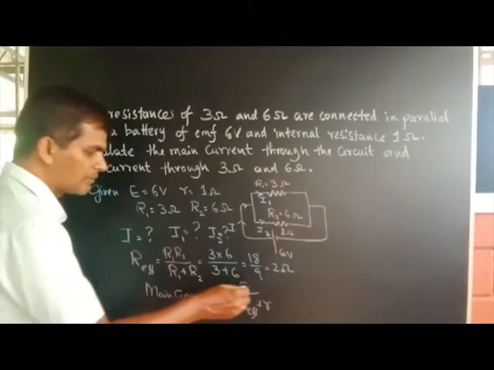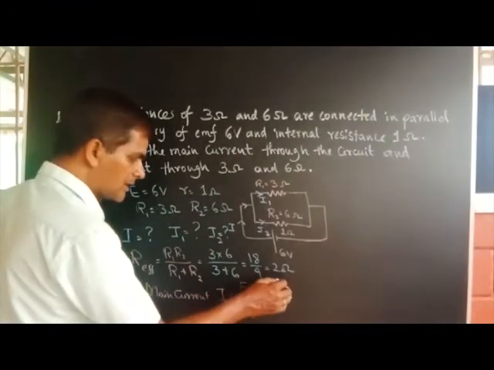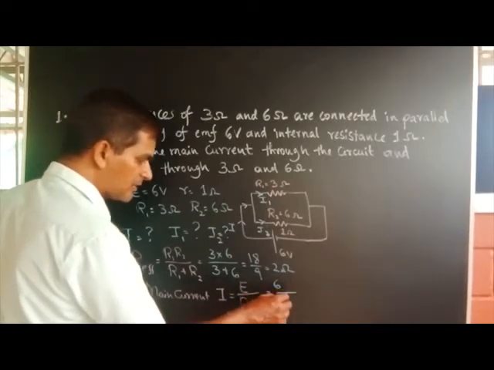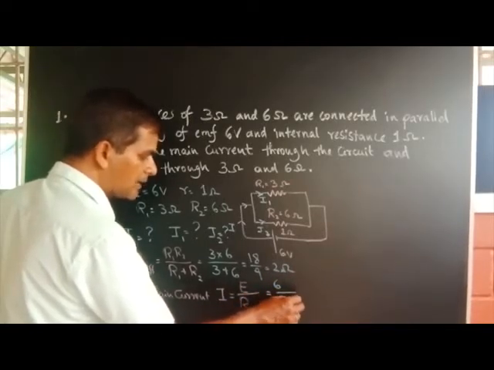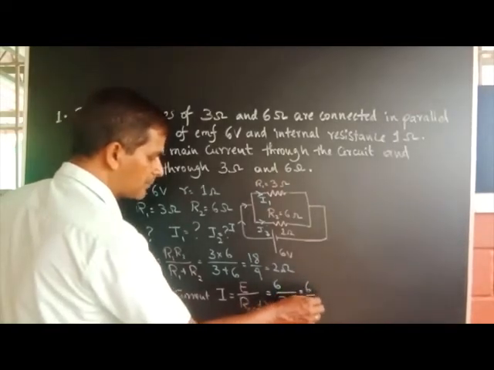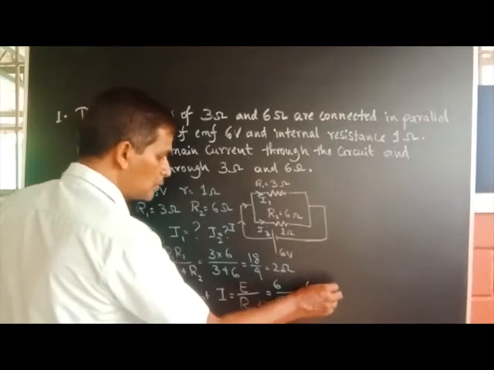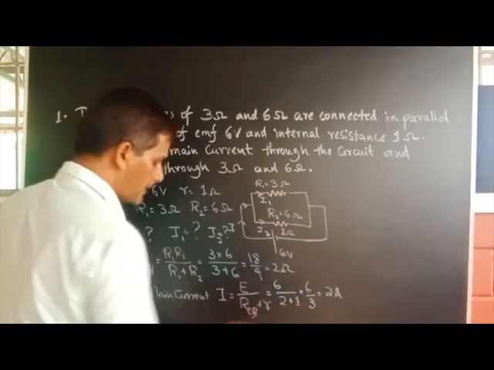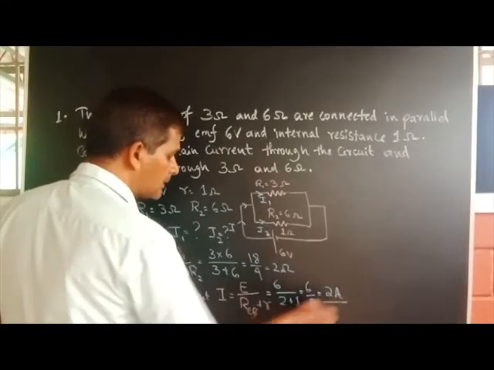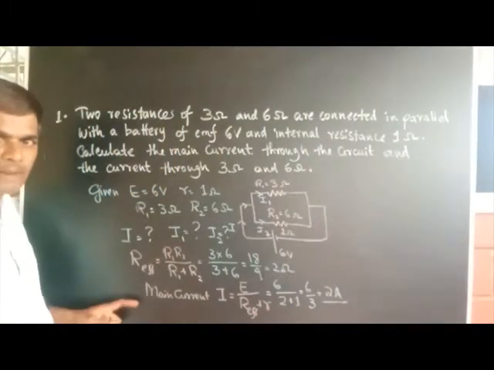I will substitute these values here. E is 6 volt, the effective resistance is 2 ohm and internal resistance is 1 ohm. That total is 6 by 3, that is 2 ampere. This is the one answer. 2 ampere, that is the main current we got.